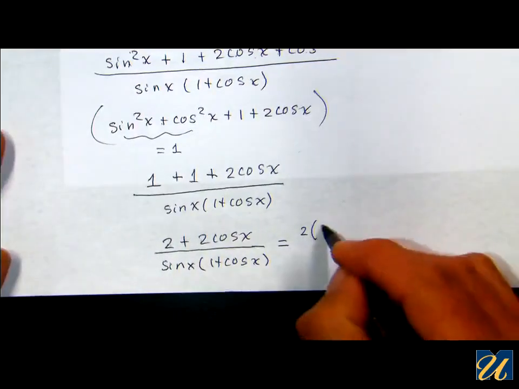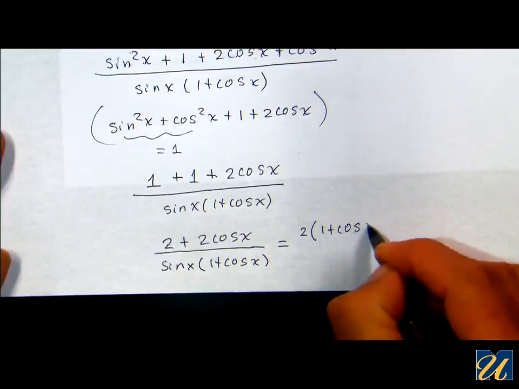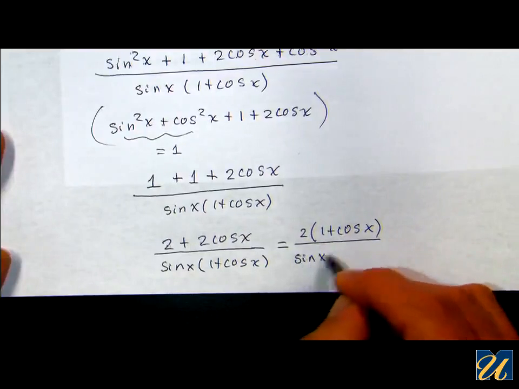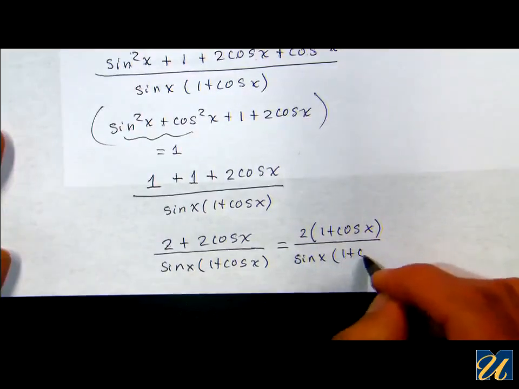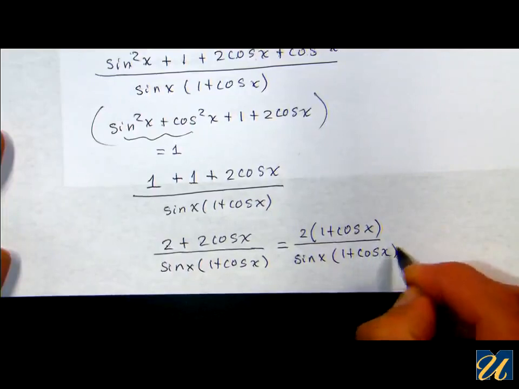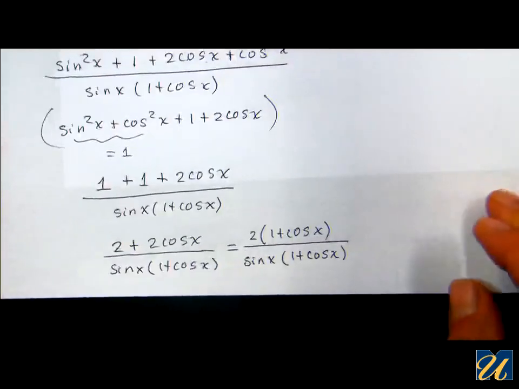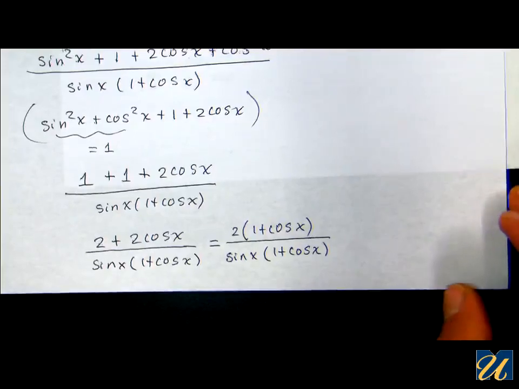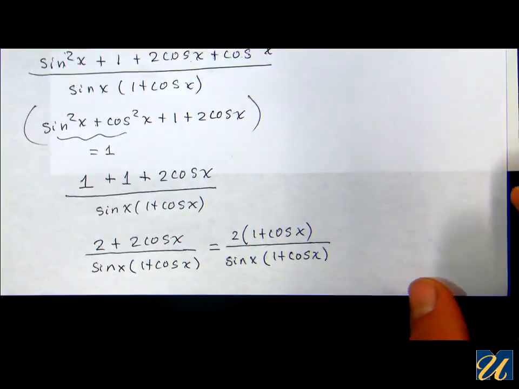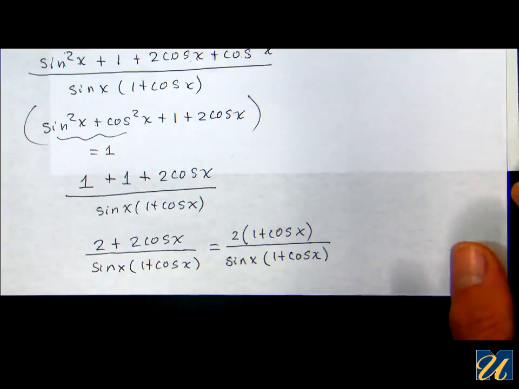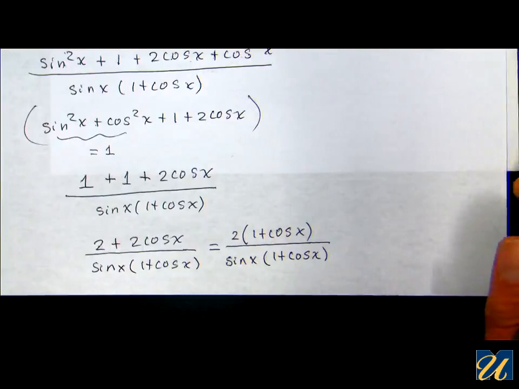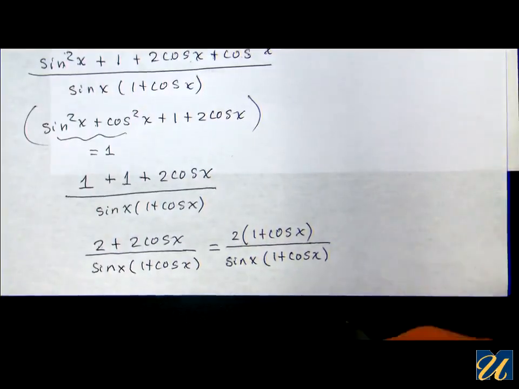Factor out a 2, 1 plus cosine x over our common denominator. See how some of the moves are arithmetic and some of the moves are algebraic, and some of the moves are identities. It's what makes them challenging. And you're never quite sure what is next, so you try something and see where it goes. Most paths lead to dead ends, and some of the paths open up to be something worthwhile.